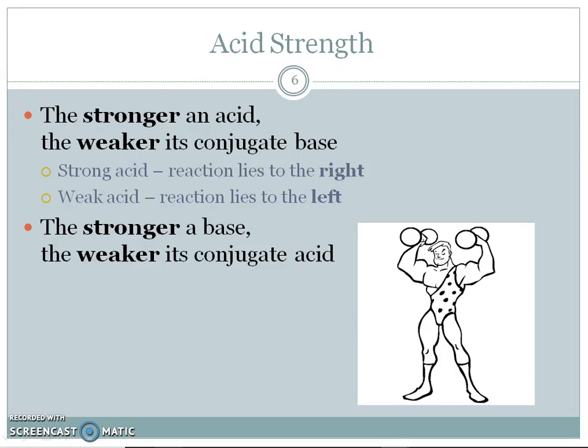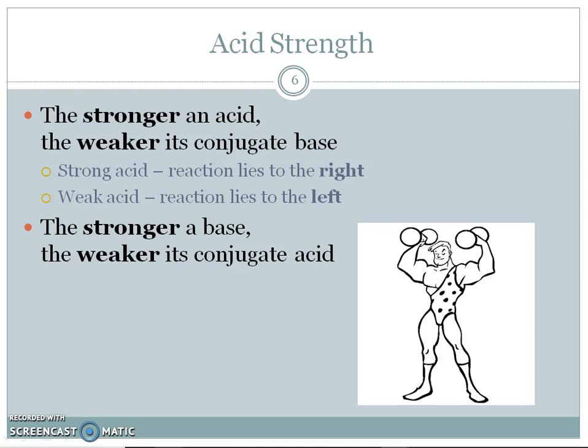So at this point, pause the video, fill in the blanks in your notes packet, and then play to hear my words. So we want to remember that the stronger the acid, the weaker its conjugate base. A strong acid means that the reaction lies to the right. In other words, if it's a strong acid, it's going to basically go to completion.